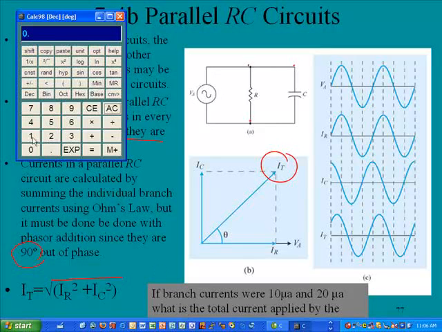So we take 10 exponent minus 6, since it is micro, and we square that, and then we add that to 20 exponent minus 6, squared as well. Add them together, and we have 500. Then we take the square root of that, and that leaves us with 22.361 microamps.